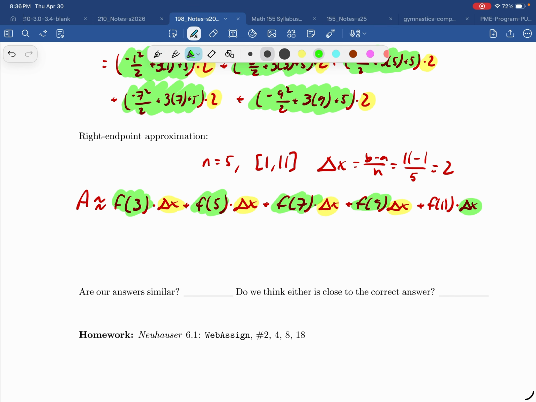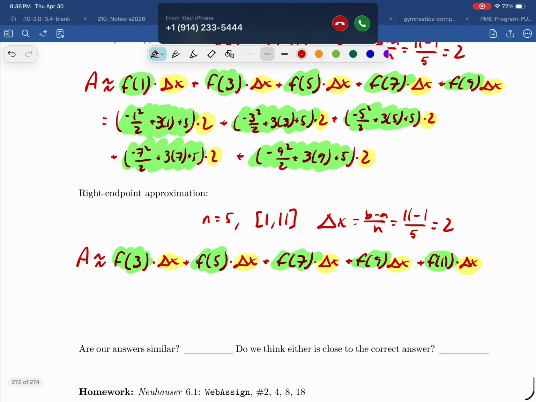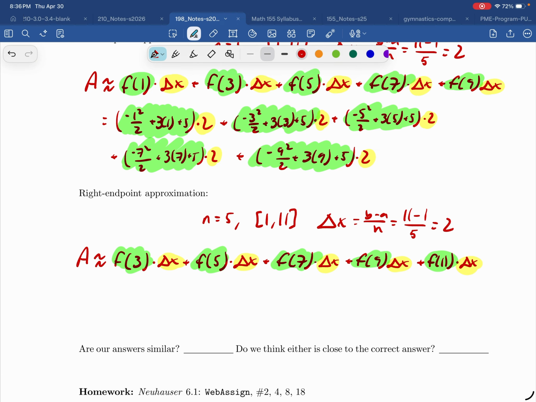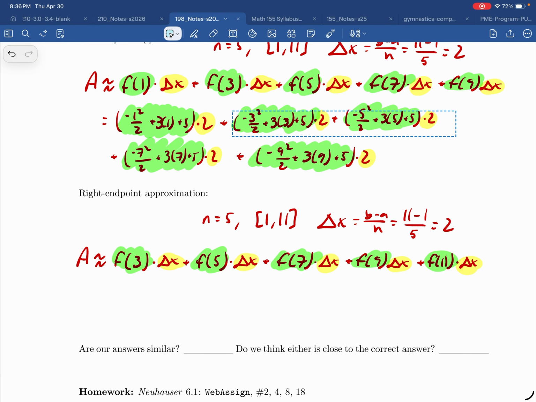Oh, I did that backwards. My bad. That one. Okay. And so, actually, a lot of this is going to be the same. This is going to be the same.